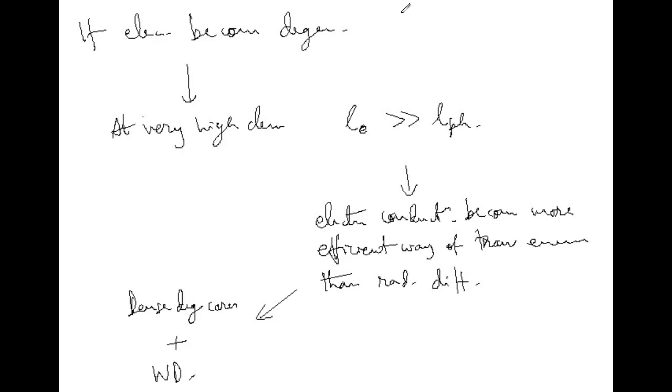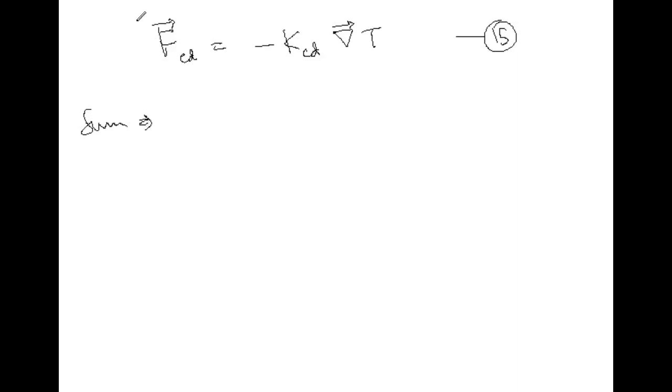Now, the net flux due to heat conduction can be written analogously. So F conduction is equal to minus K conduction into gradient of T. This is equation 15. So the sum of radiative and conductive fluxes, let us do the sum of both of them, equation 16.